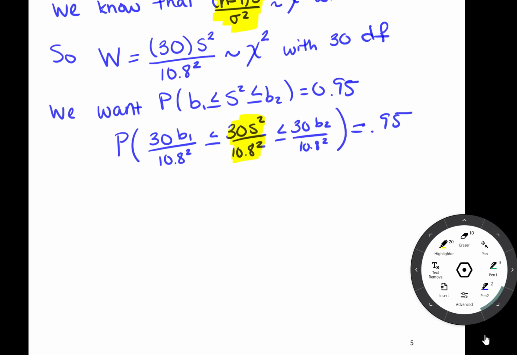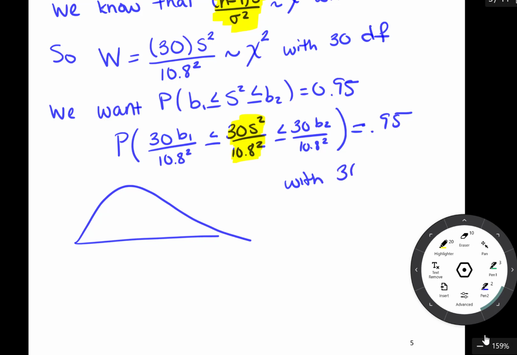So if we think of what our chi-square distribution looks like, we would have the following. And again, we're going to have 30 degrees of freedom. So if I work with a chi-square distribution that has 30 degrees of freedom, what I want to do is find the two endpoints.